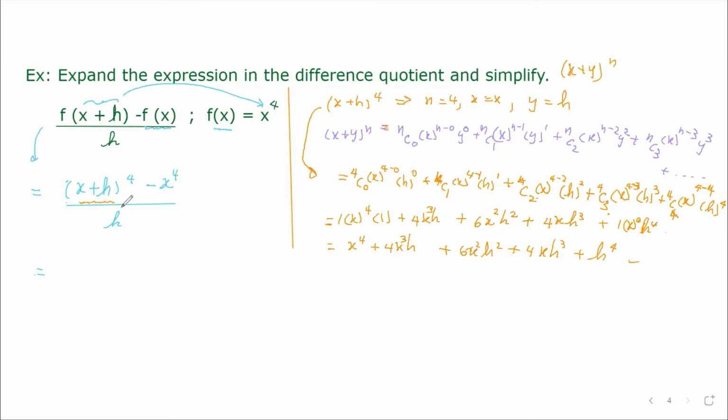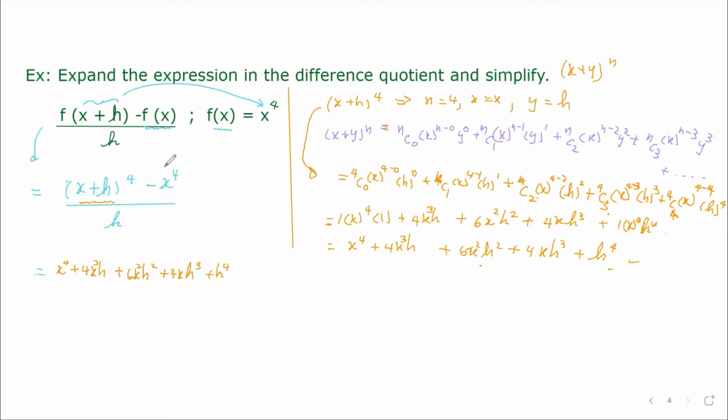So we write it down, like the orange here: x power 4 plus 4x power 3 h plus 6x power 2 h power 2, and next one 4x h power 3, and last term here plus h power 4.